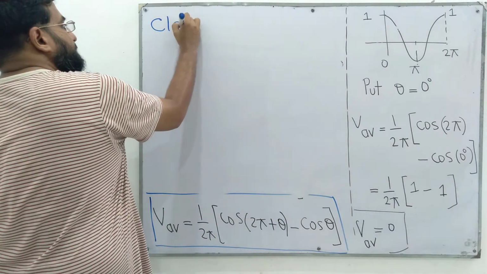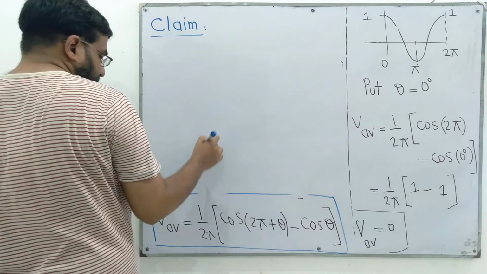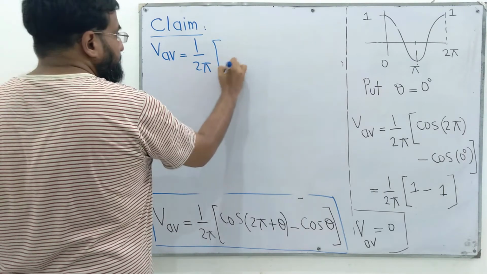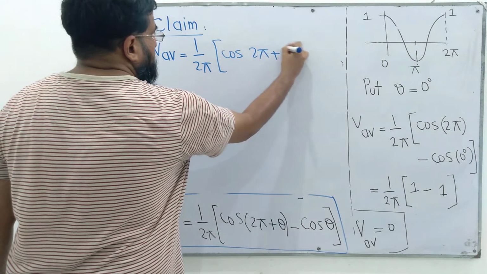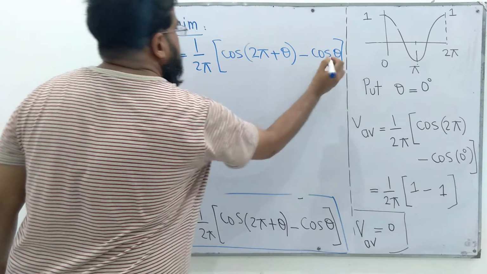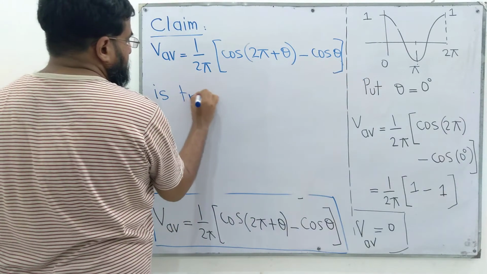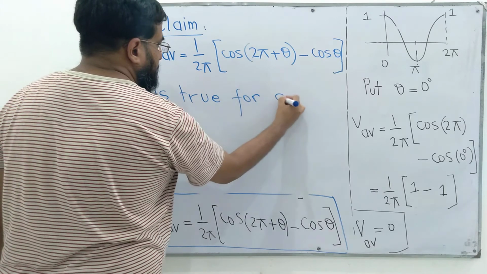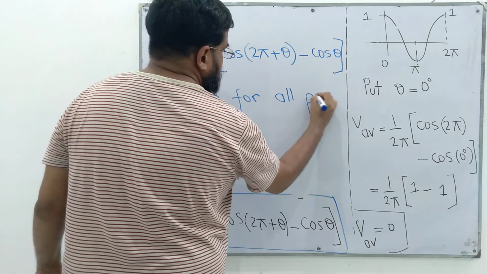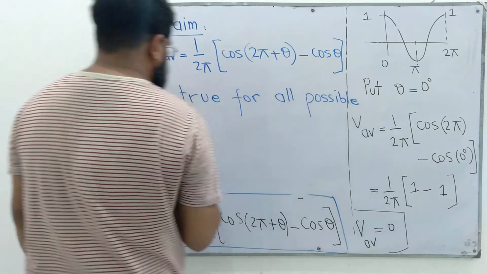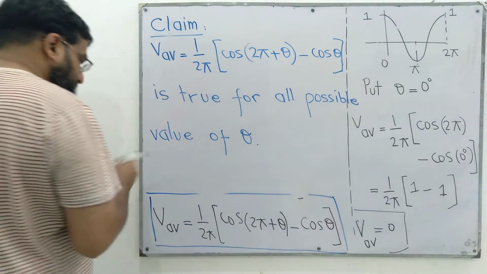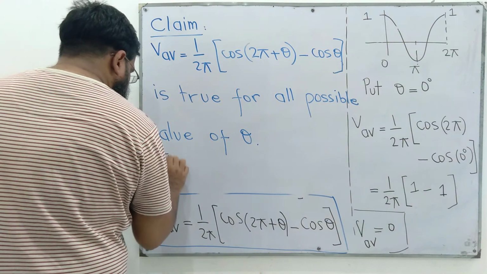So our claim that this expression V average is equal to 1 over 2 pi cos of 2 pi plus theta minus cos of theta is true for all possible values of theta. You are required to verify it as a homework.